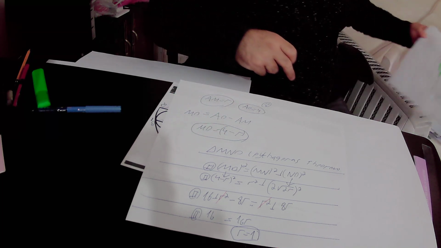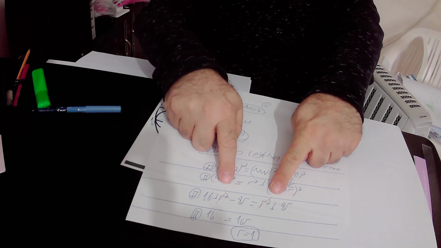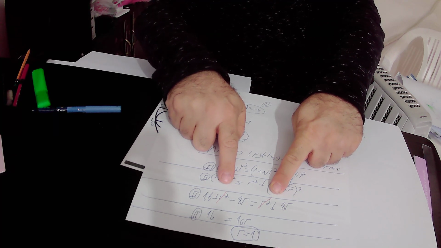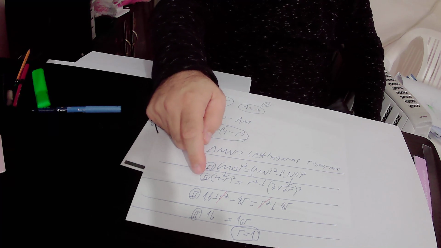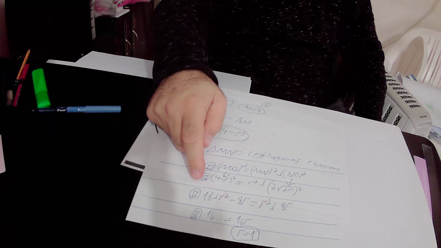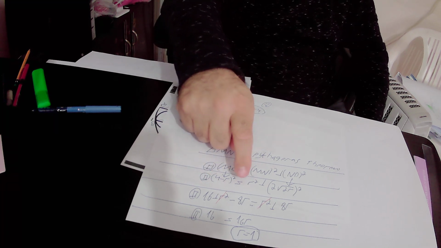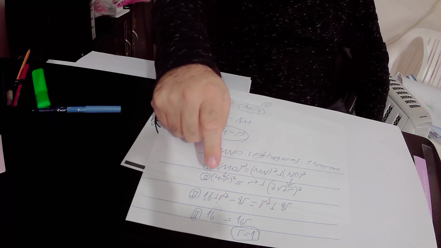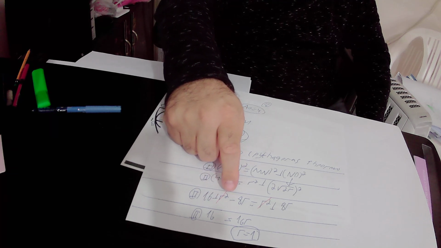Here we have R square on both sides of equation number 2, so R square will get cancelled. We added 8R to equation number 2. So 16 minus 8R plus 8R is 16, because minus 8R plus 8R is 0.